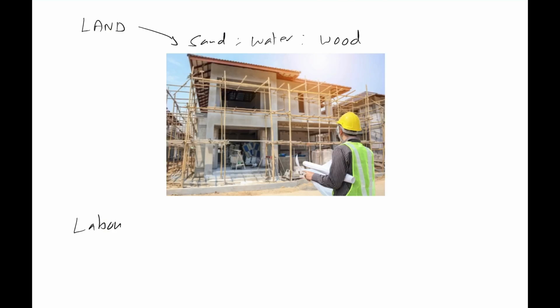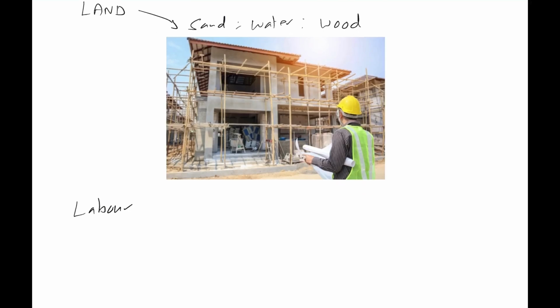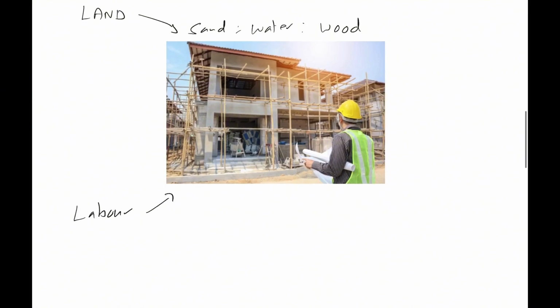They would also need labor. So the construction company would employ architects, builders, carpenters, electricians, plumbers, painters and decorators, etc., etc., in order to produce the final product, which is the house. They also need to pay for capital resources.